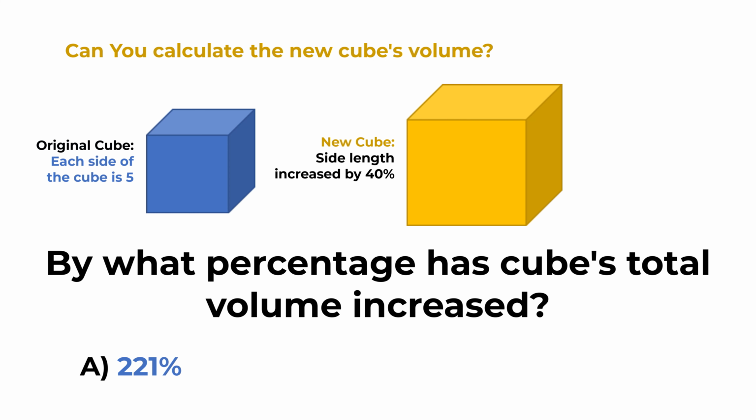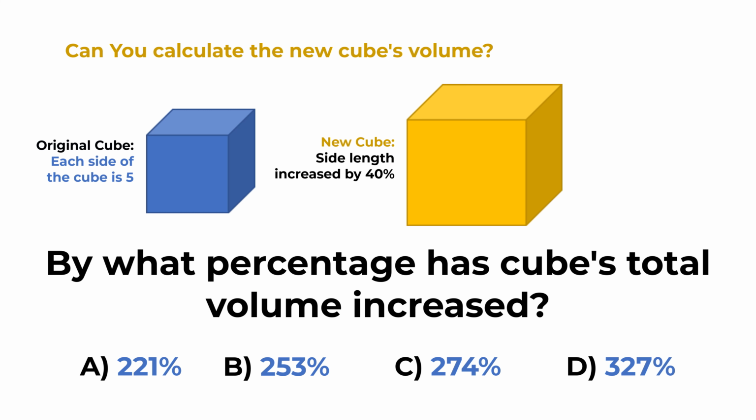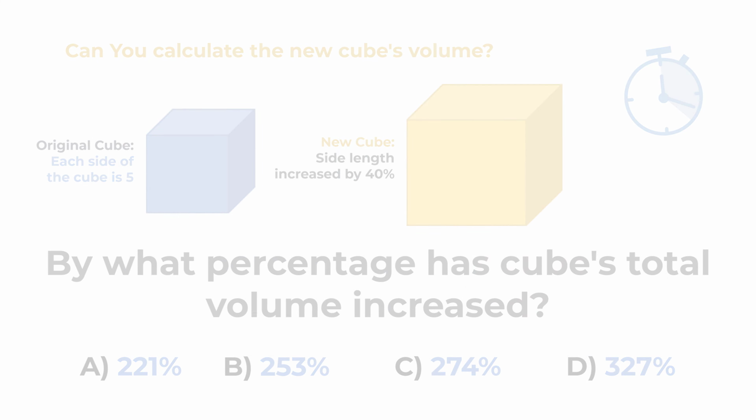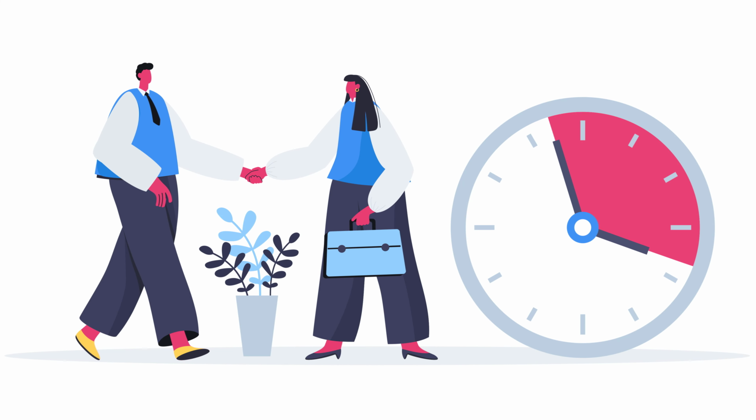A, 221%, choice B, 253%, choice C, 274%, and choice D, 327%. The answer to this question may not be obvious, so give yourself a little bit of time to come up with the solution. Let's move forward and calculate the correct answer together.